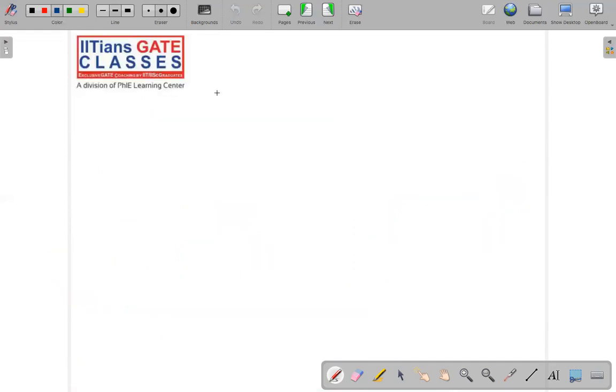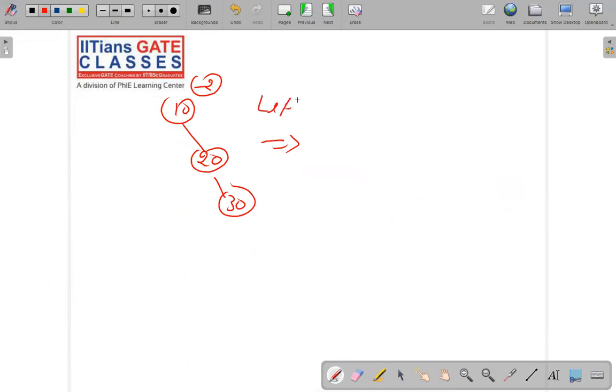Okay, let me write this down properly. Initially we had 10, 20, 30. It is imbalanced here, -2. And we did the left rotation. This is a right problem, and a right problem can be solved using left rotation.